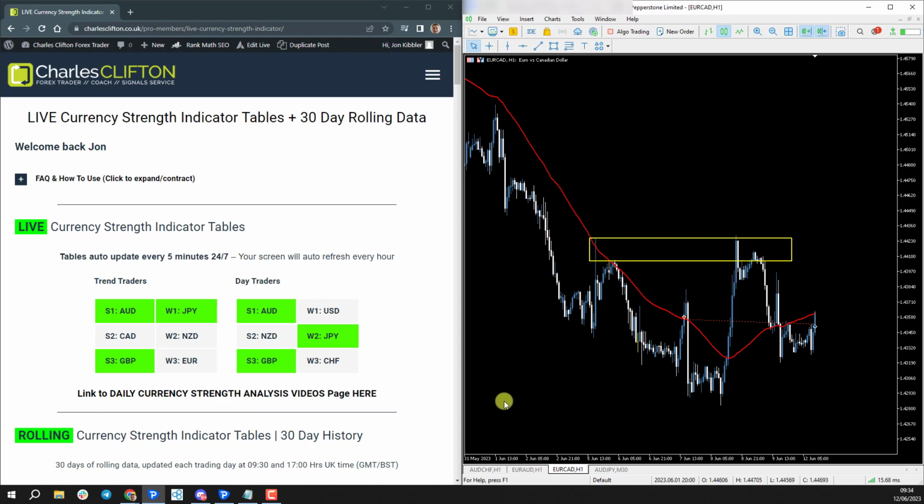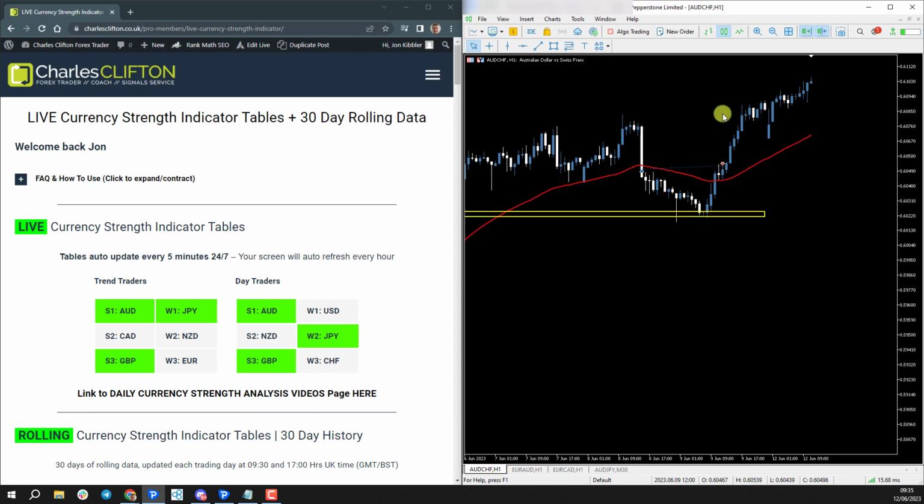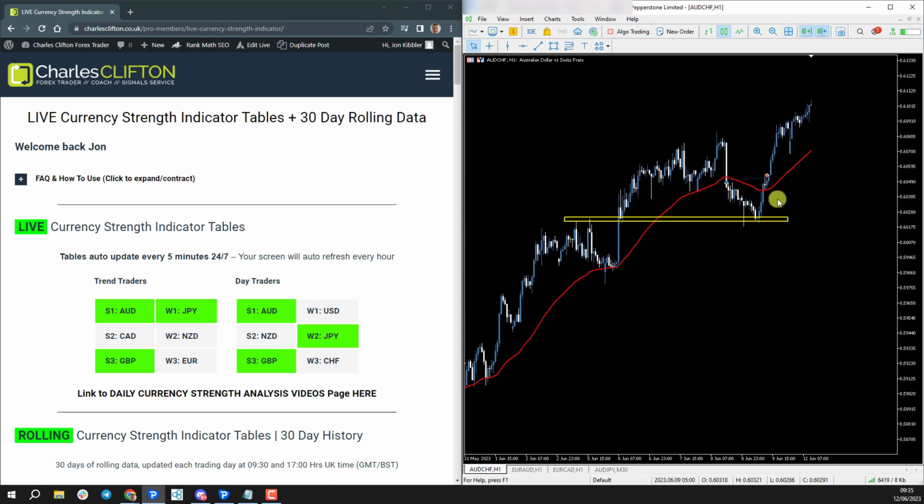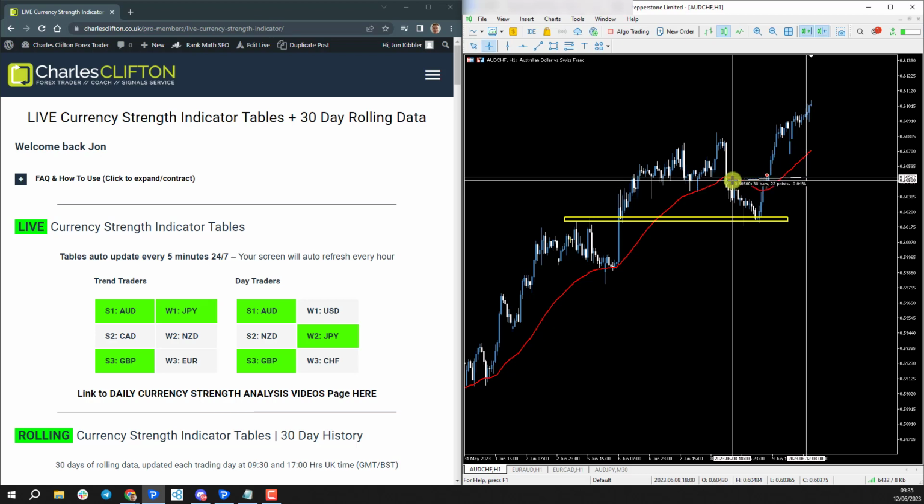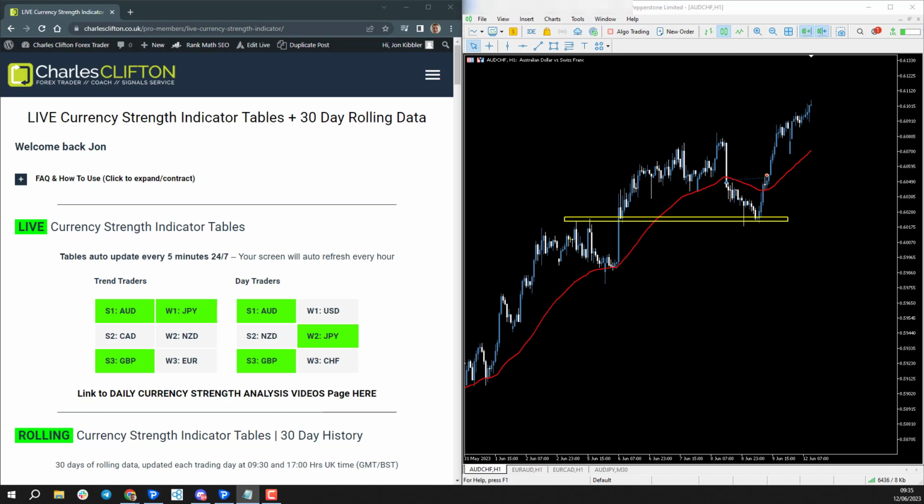One pair I probably could have left open was Aussie Swiss, but again, just keeping it very honest with you guys. I closed the position after the video the other day on Friday for about 2 pips of profit, and the reason being is because the Swiss franc actually left the weak side of the day traders table and appeared on the strong side of the day traders, which is a potential signal that the Swiss franc could have got stronger.